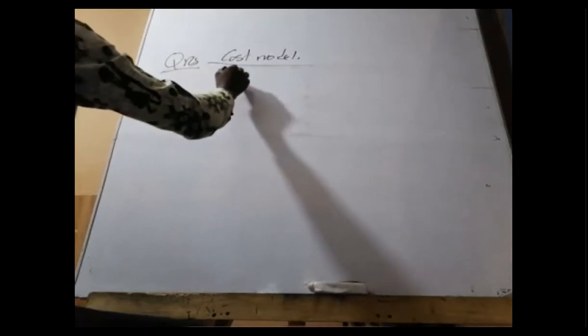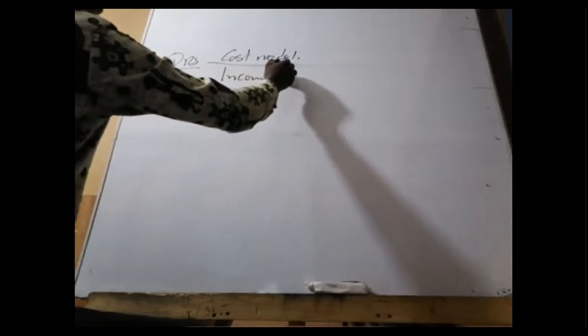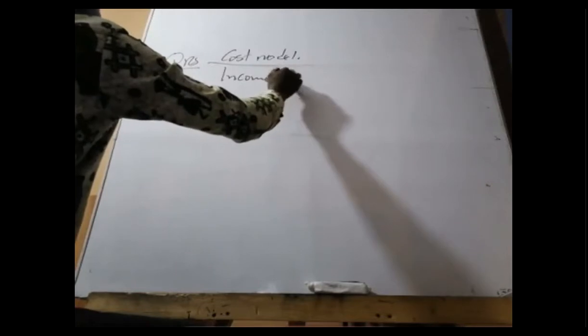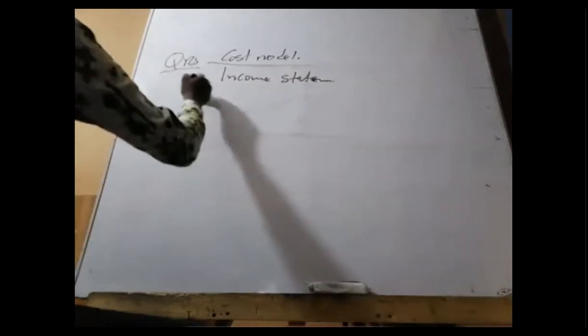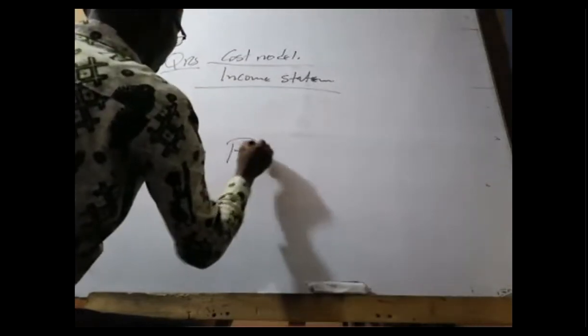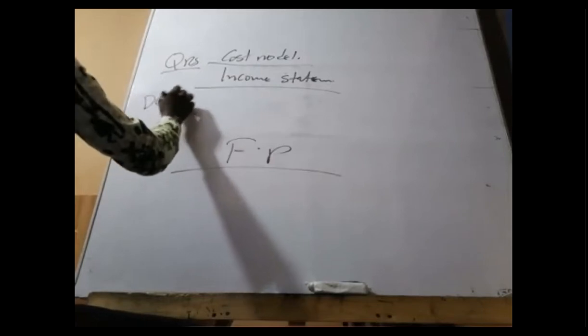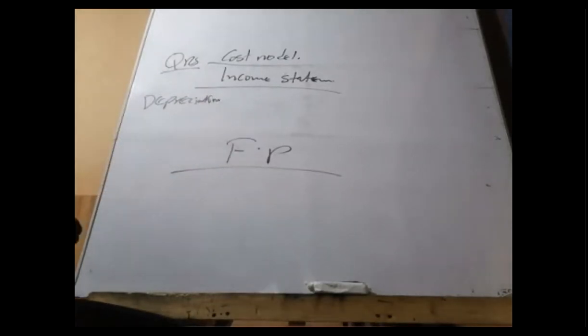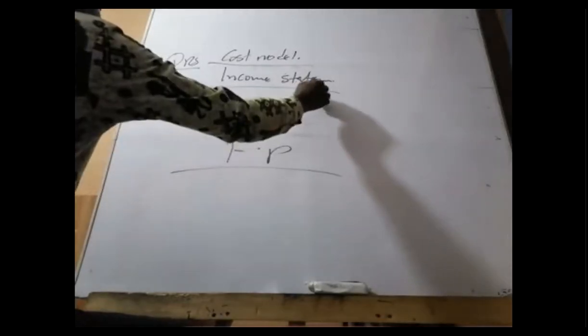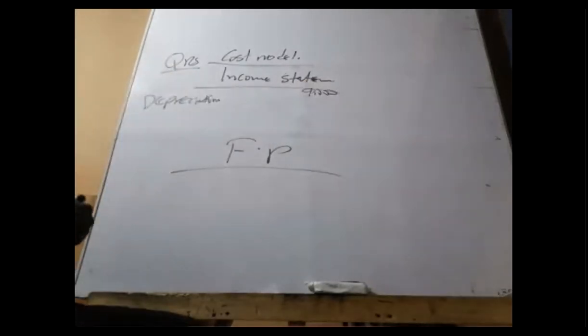So QRS Limited, this is the income statement. This is the statement of financial position. First, depreciation. With the depreciation, calculate full year depreciation.